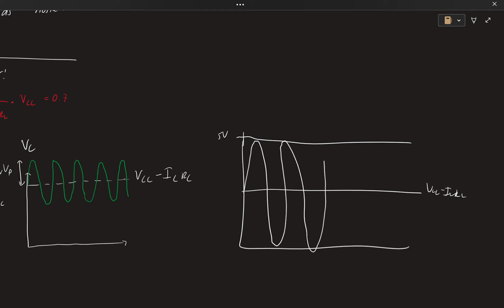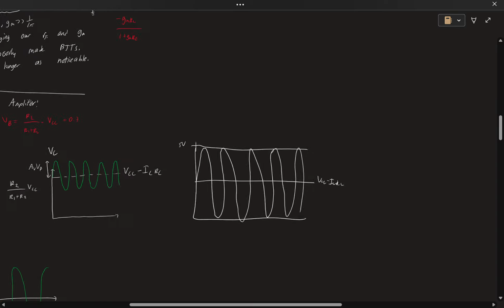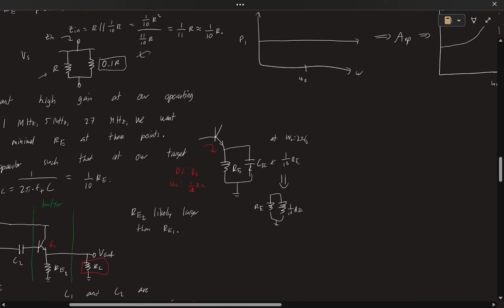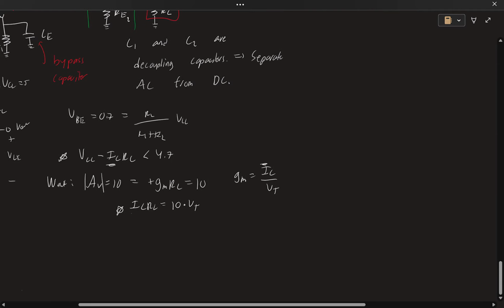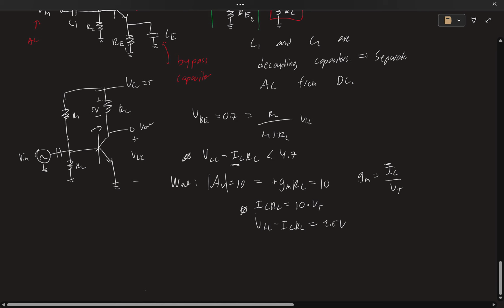In practice, we don't actually want to go close to our supply because our device will turn off, but it's the general idea as to why we bias at the middle of our supply voltage. So that gives us our second equation, VCC minus ICRC should be 2.5 volts. Now we can solve these two equations and get appropriate values for IC and RC. And that's pretty much it.